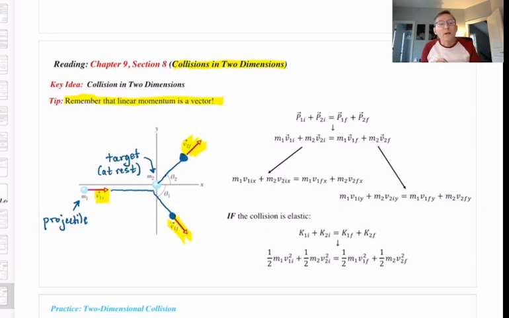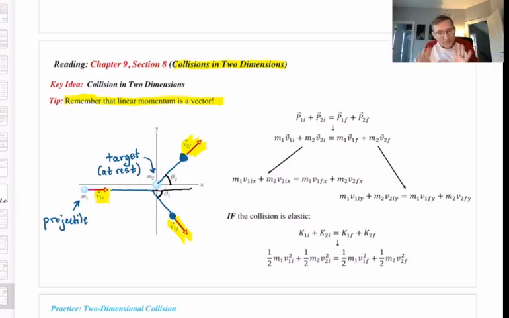Theta 2 is the angle that the path for particle 2 makes relative to plus x. It's also the angle for v2 final relative to plus x. And theta 1 is the angle of v1 final relative to plus x, measured relative to the incoming direction. We won't do any negative angles, by the way. We just want the size of those angles.